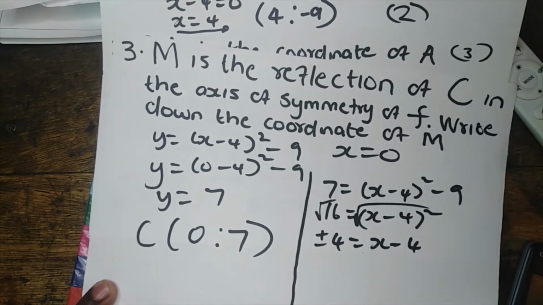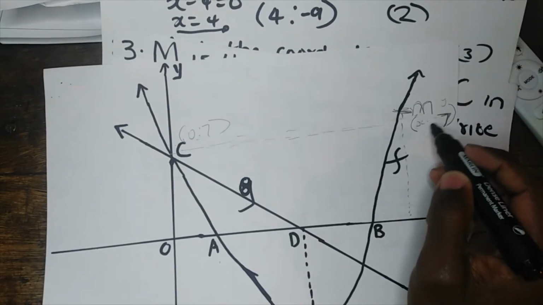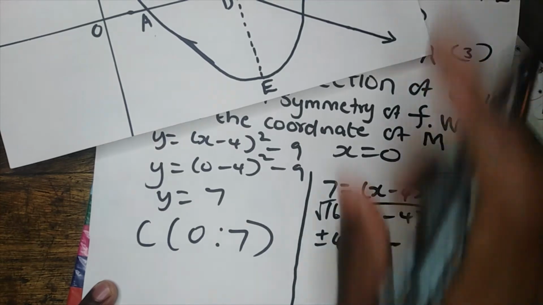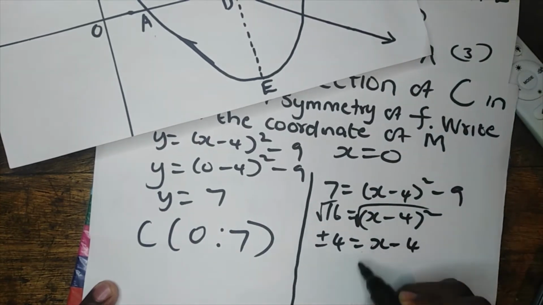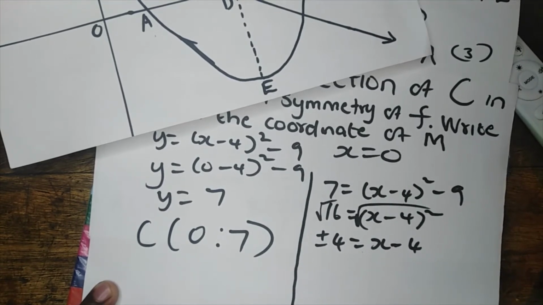So this is how we find the x coordinate of M, always with 7 as y. Now we solve for x.